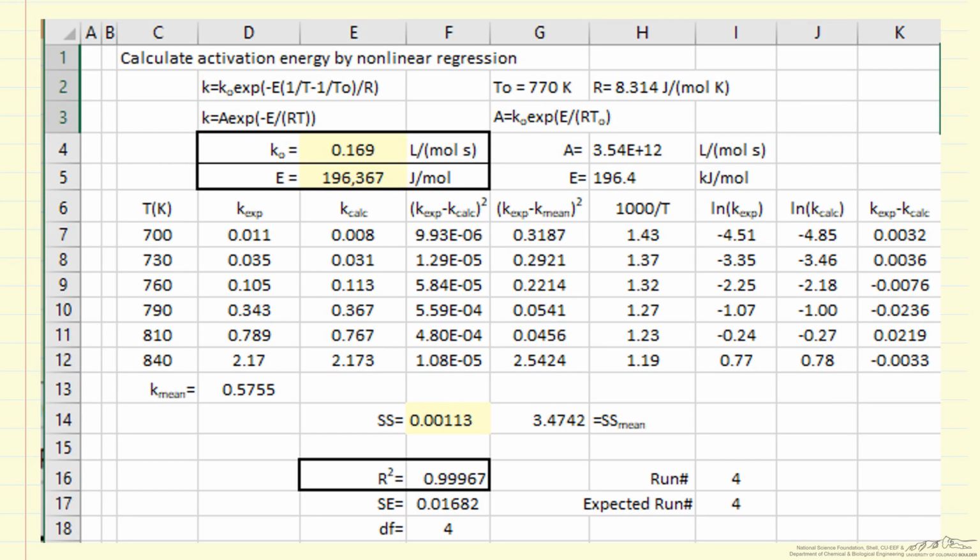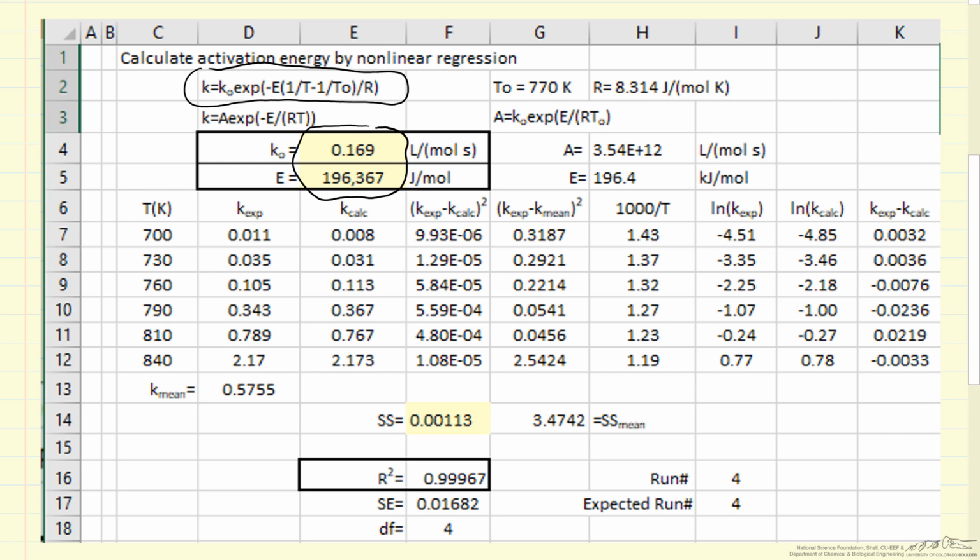Here I'm showing text that gives the form of the equation where we're fitting the pre-exponential factor and the activation energy. In these two cells, we enter our guess values, and what I'm showing here is after we've run Solver. These are the cells that we adjust, and here are our final answers.